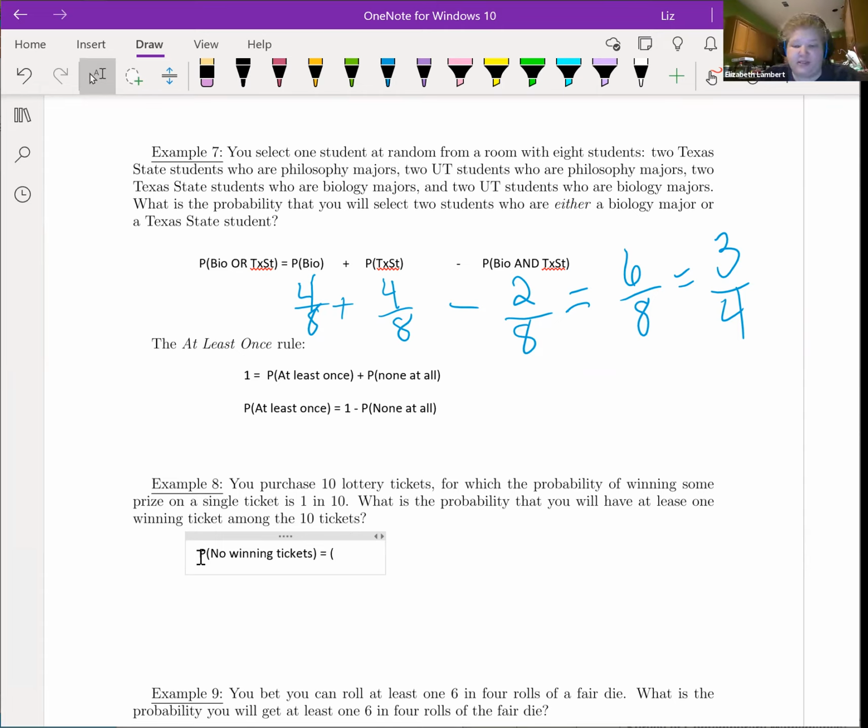So we are going to be multiplying 9/10. We bought 10 tickets, 10 times. So I'm going to use my fancy notation here, my caret key. That means 9/10 raised to the 10th power. So let me just write that next to it.